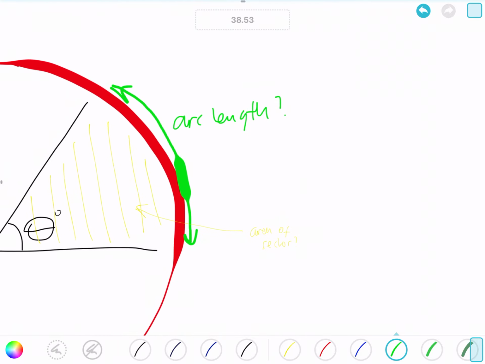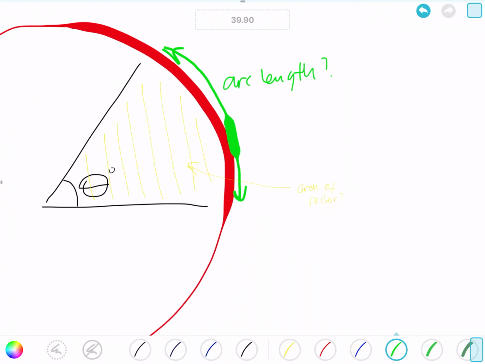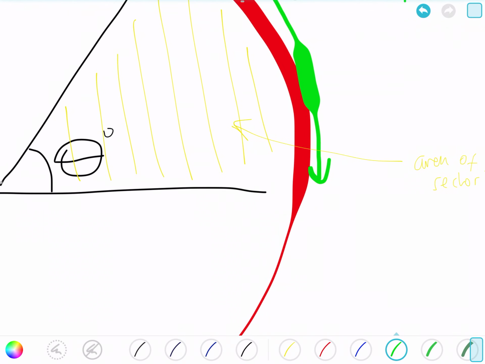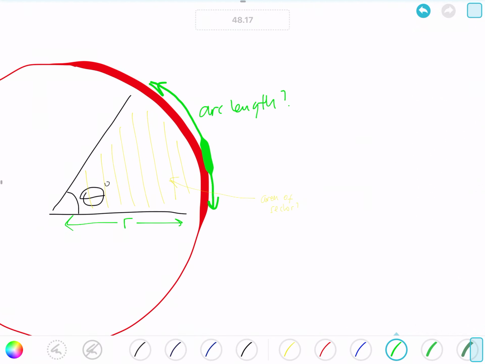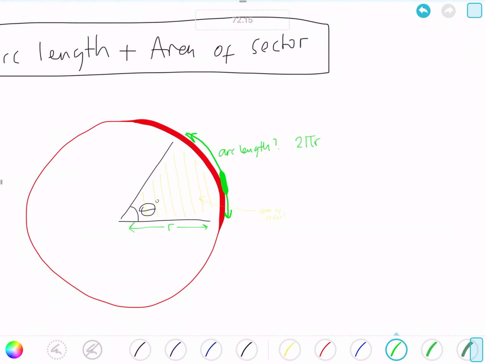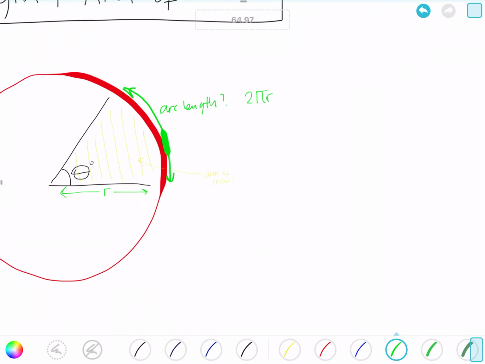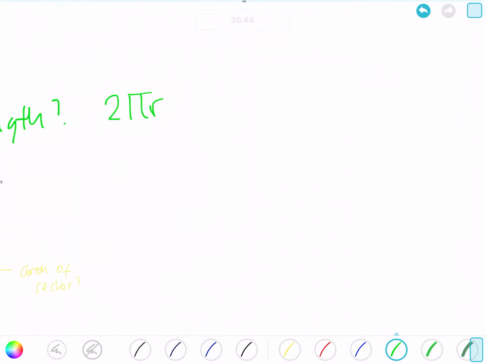So to get the arc length, let's say that there's the radius here, call it r. What you'd need to do is find the whole circumference, which would be 2 pi r, and then multiply by the fraction of the circle that you've got. In our case it's very general: we've got theta out of the whole circle, which is 360.